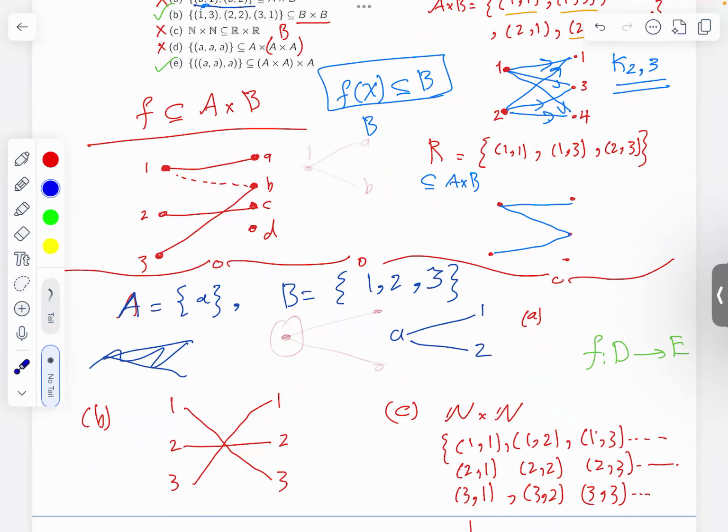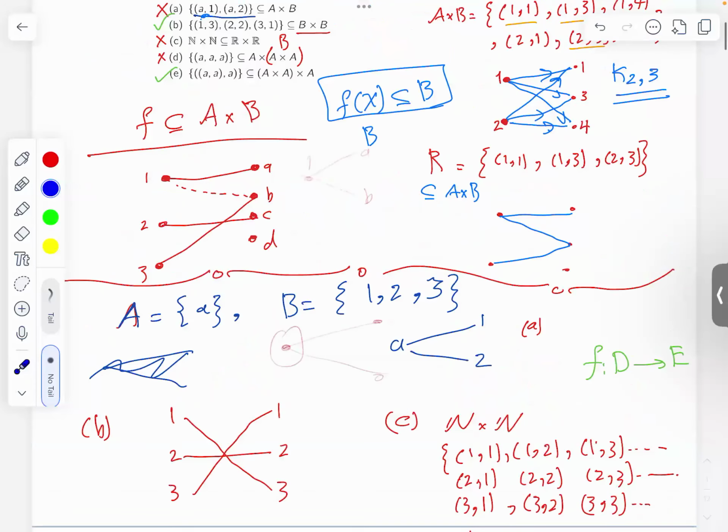So we don't see such a scenario. Therefore, that's a function.